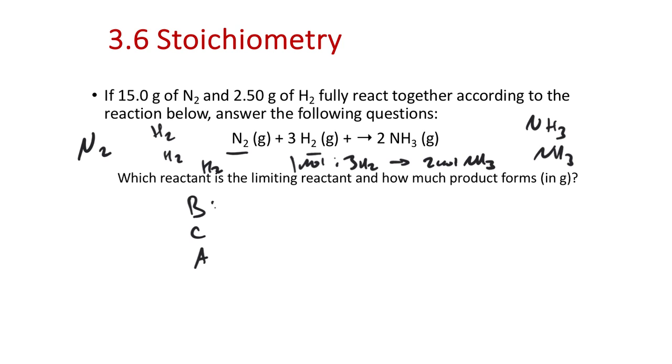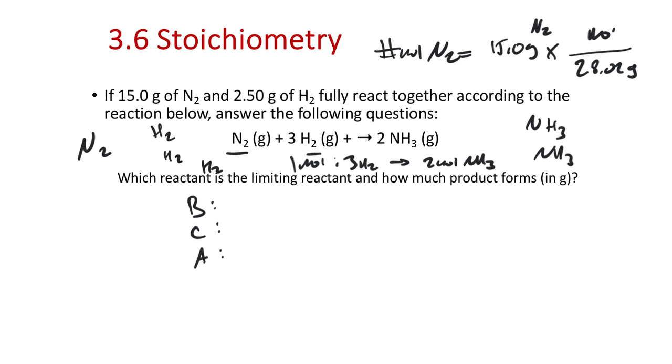Now the only thing with a BCA chart, when I go to plug in, I want to put moles into it, not mass. So I don't want to necessarily write 15 grams for N2. I want to write the number of moles of N2 and work that out. Pretty simple, right? It's just 15 grams, and then I have to use the molar mass of N2. So the number of grams of N2 per mole of N2 would be 28.02 grams per mole of N2.